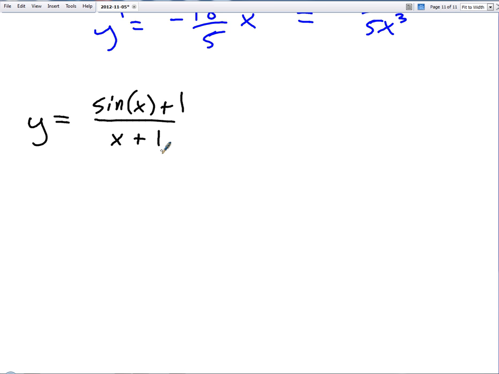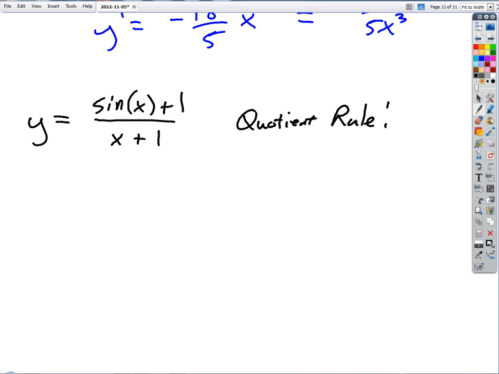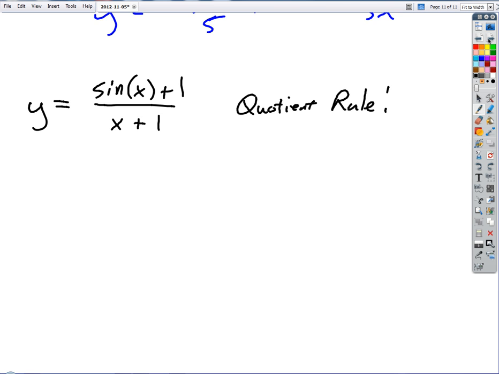Quotient rule. Yeah, we can't. Okay, so that one, yeah, gotta do quotient rule.